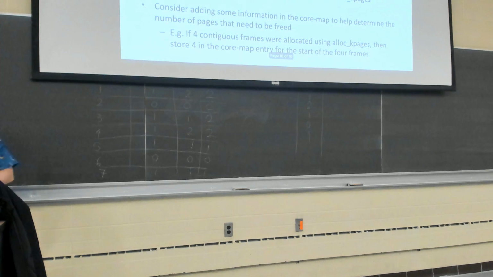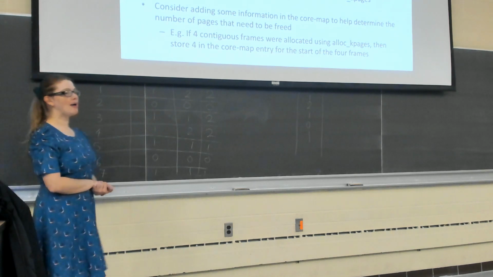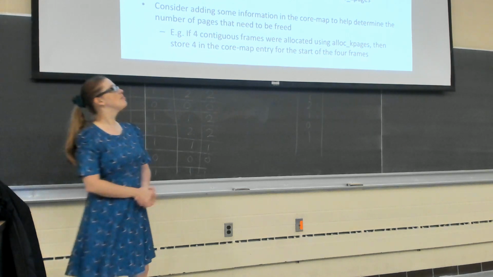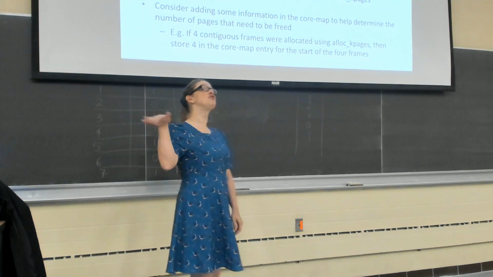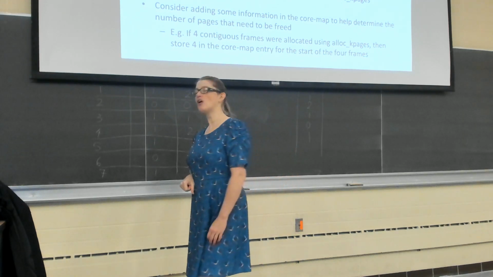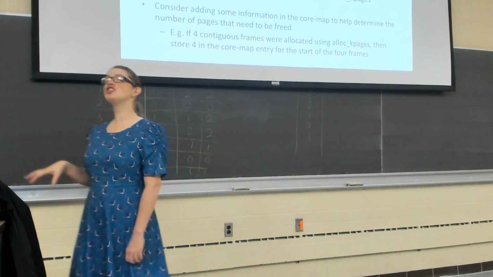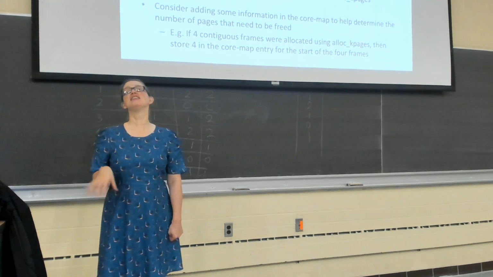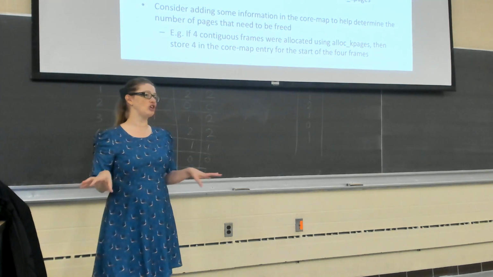All right. So now that you've got your core map, and unfortunately this is not something that's fairly easy to test, which is why I really recommend you write the whole map on paper and make sure it works out first before you write the code. Now you actually need to go back and modify alloc and free to actually use your core map, because right now they don't.